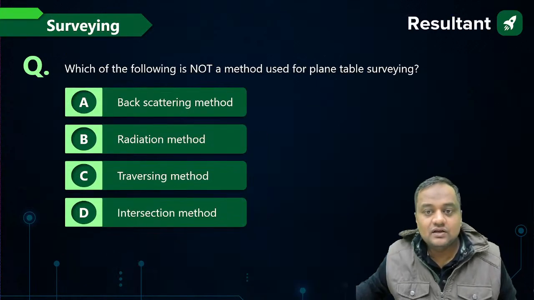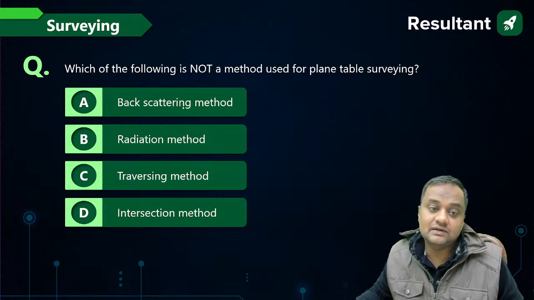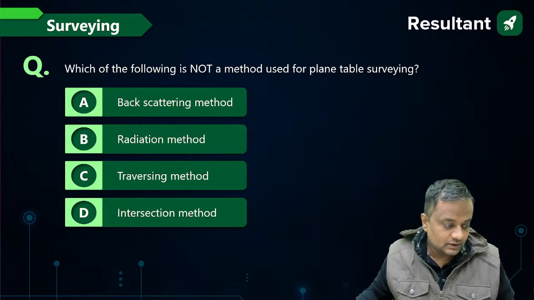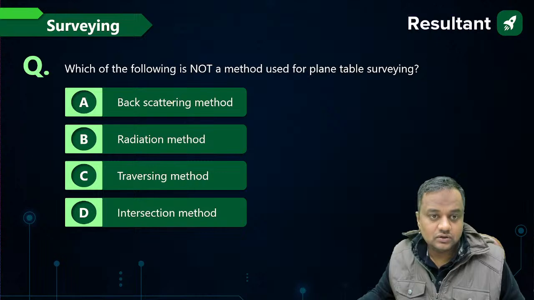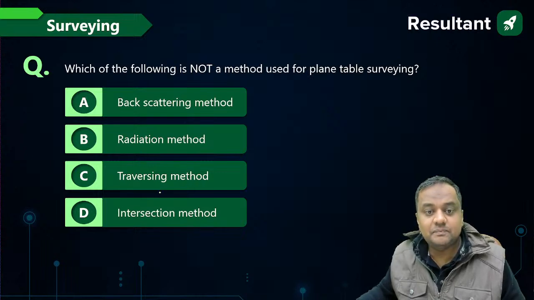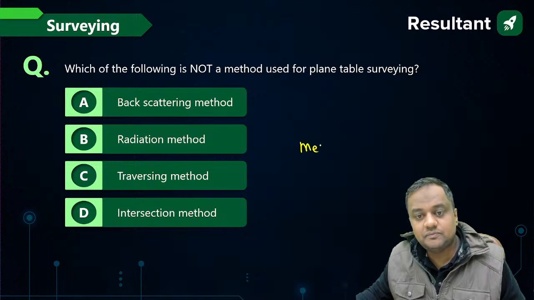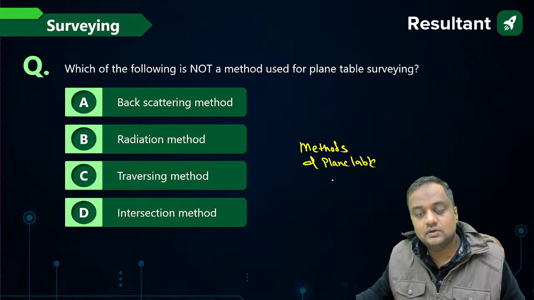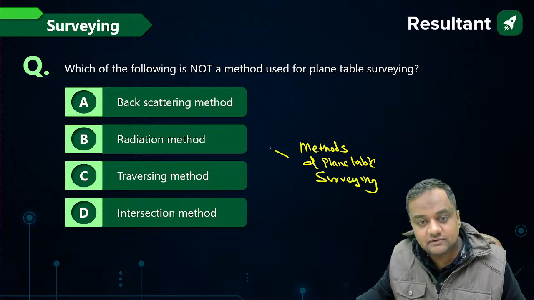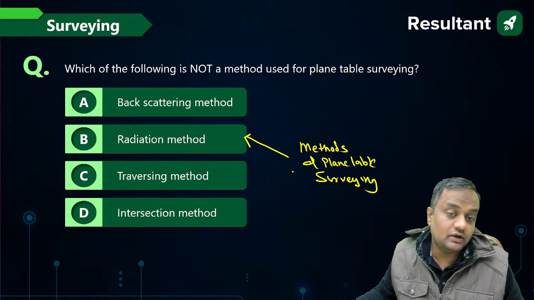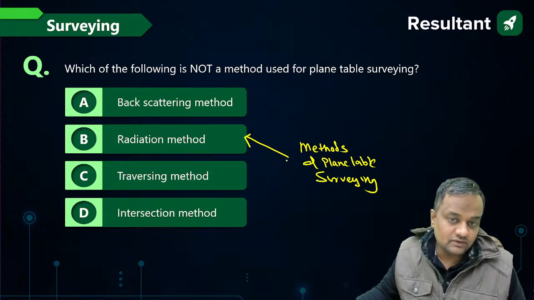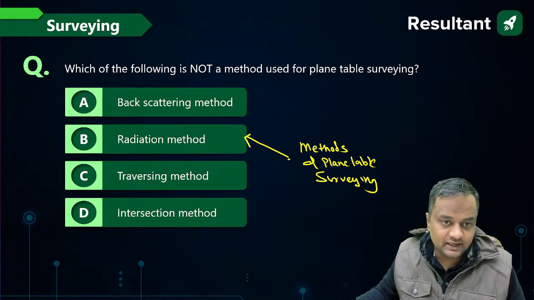Which of the following is not a method of plane table surveying? What are the methods of plane table surveying? The methods are radiation method, where we put the rays towards the various objects and with suitable scales, with the help of an alidade, we cut it.